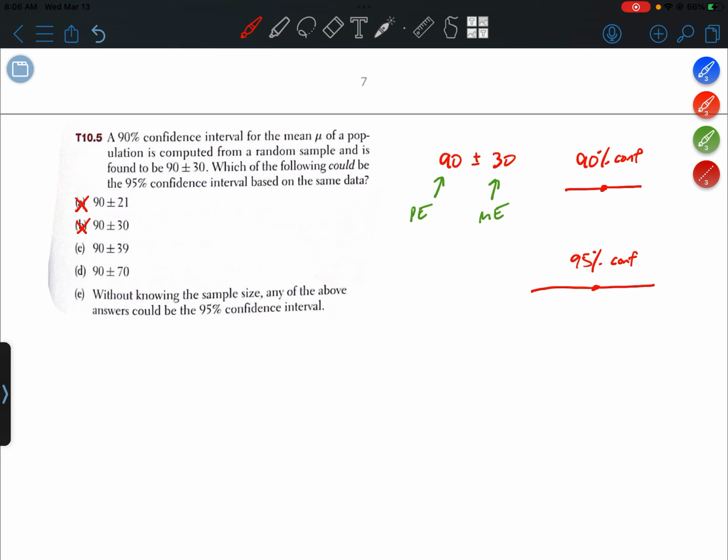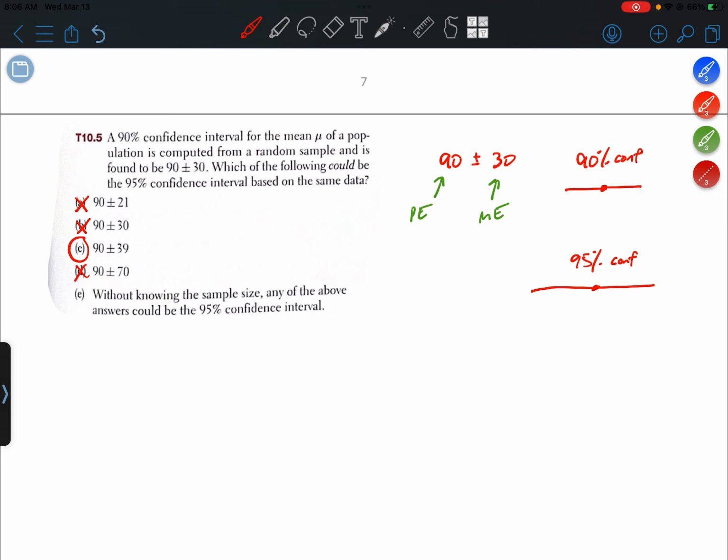I mean, we're only increasing the confidence by 5%. I don't think the margin of error would more than double, right? That doesn't seem reasonable. So I'm not going to go with that one. I think C would probably be the best choice, and I didn't even read E.